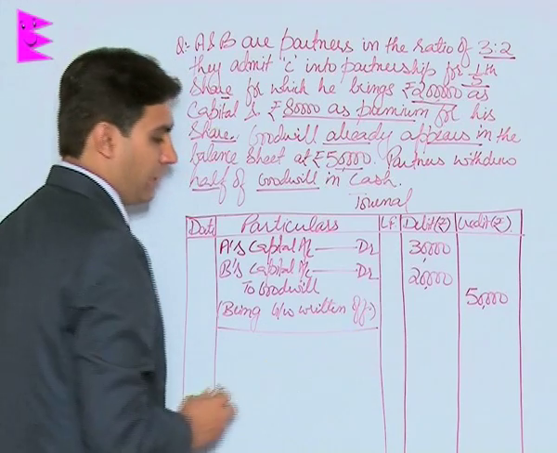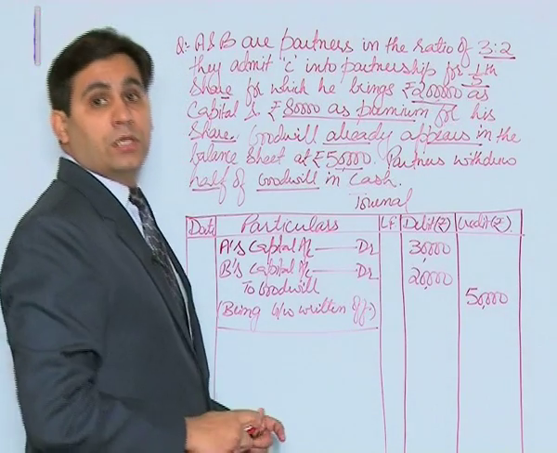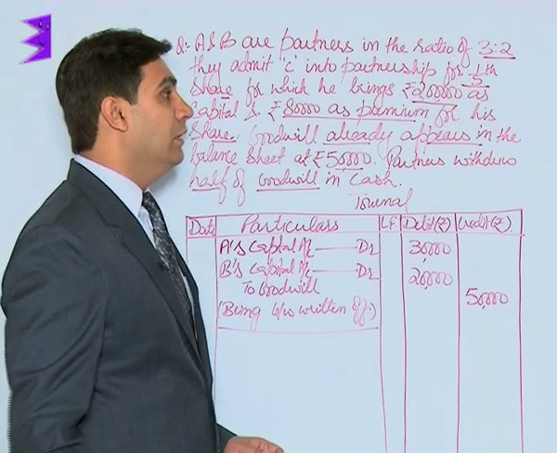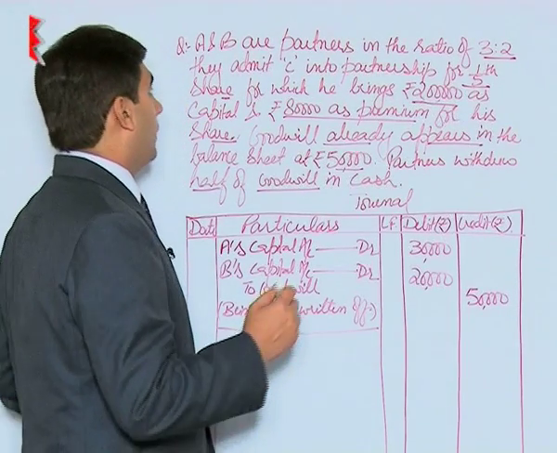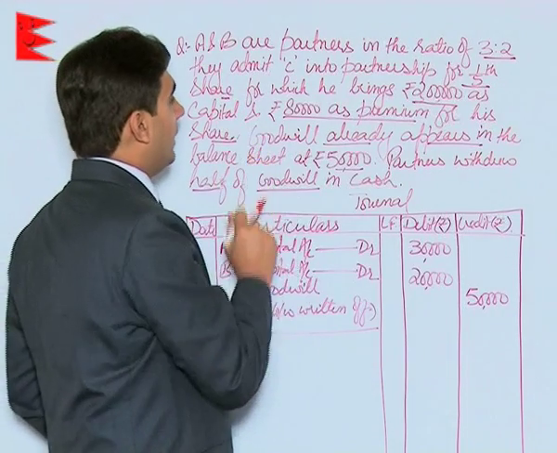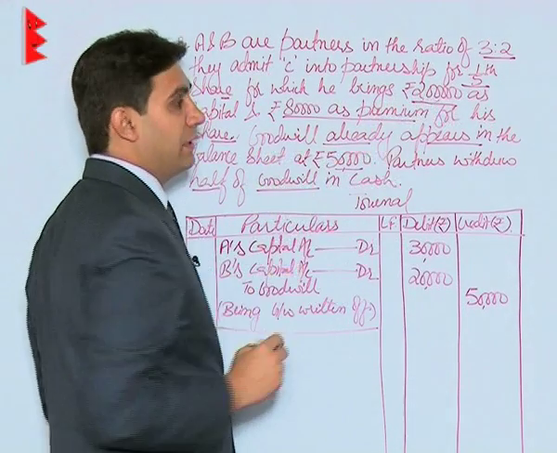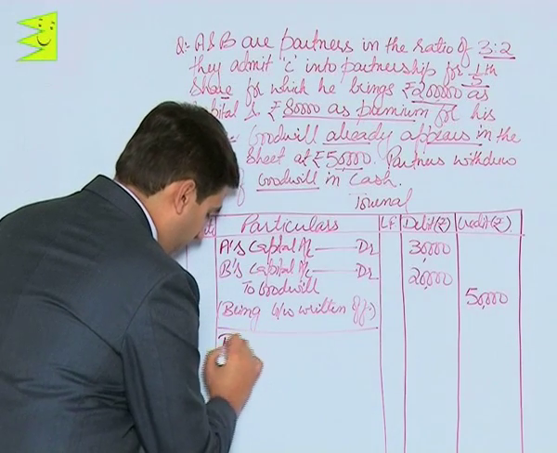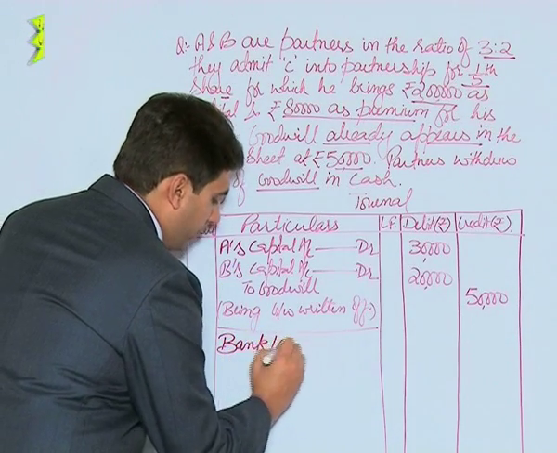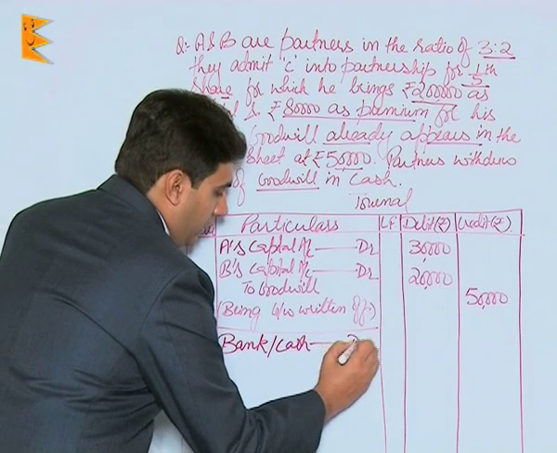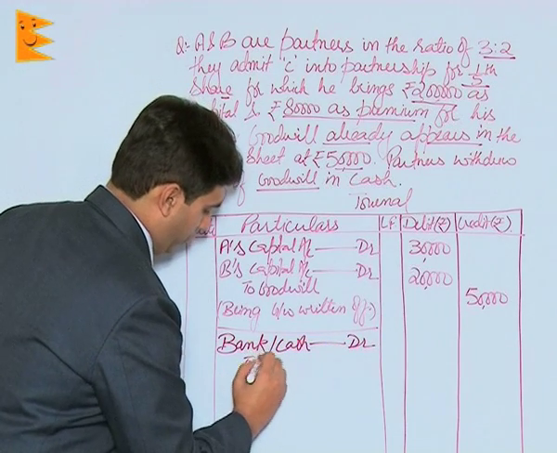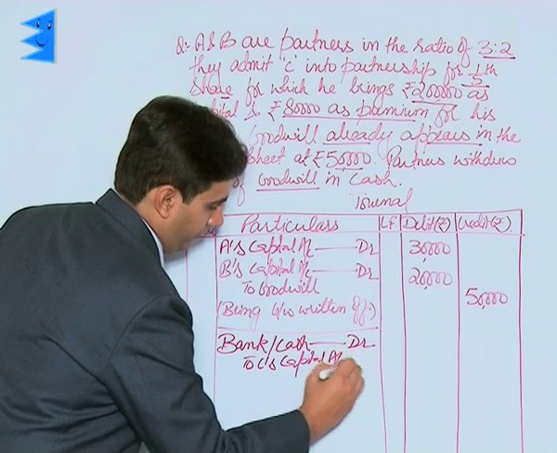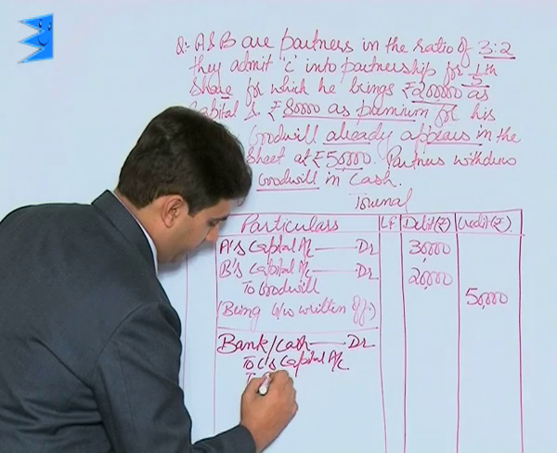Now students, once this has been written off, we'll move on to the accounting treatment of the goodwill brought in by the new partner. Now in this case, C is bringing 2 lakh as his capital and 80,000 as premium. So the entry would be bank account, or you may use cash account also, debited to C's capital account to premium.